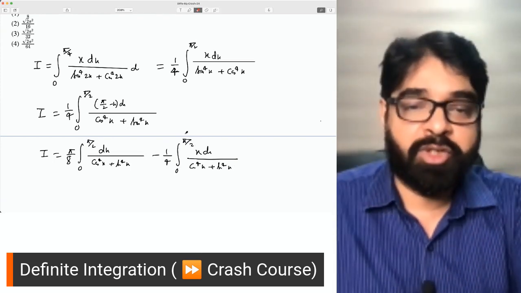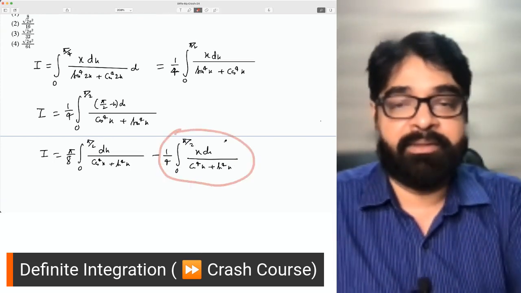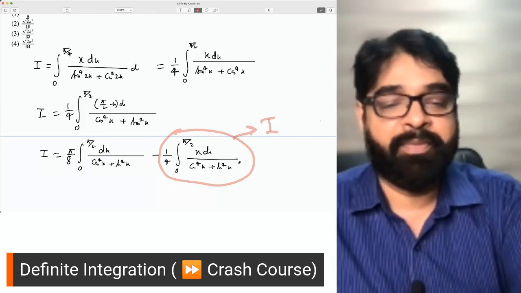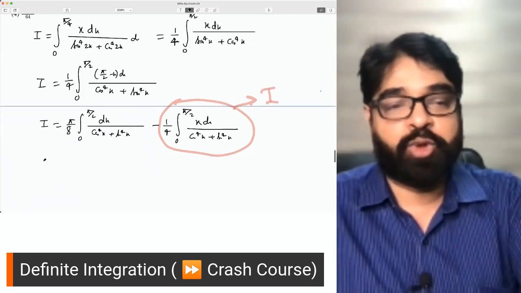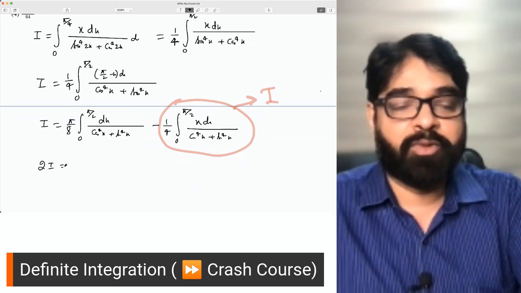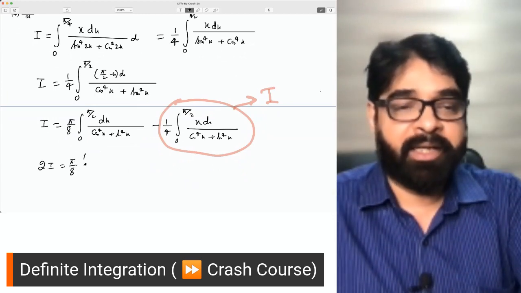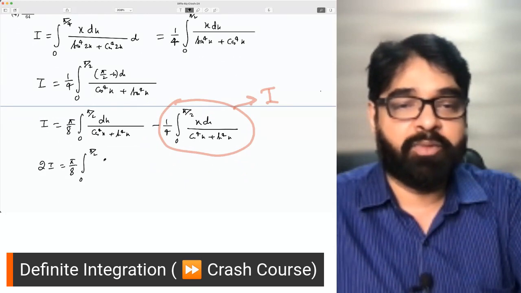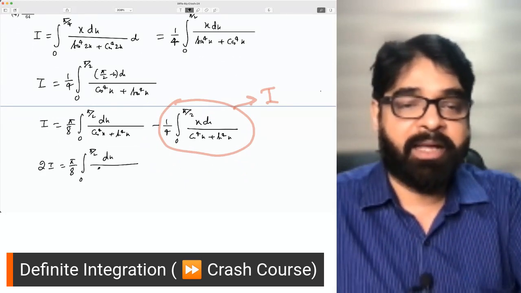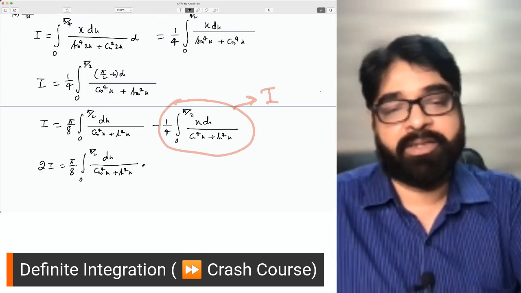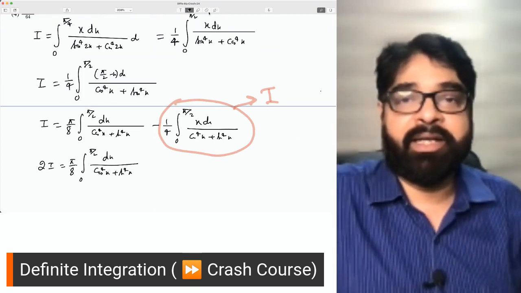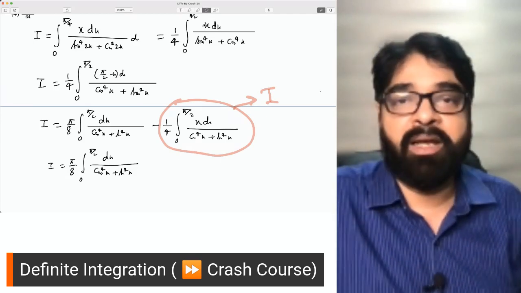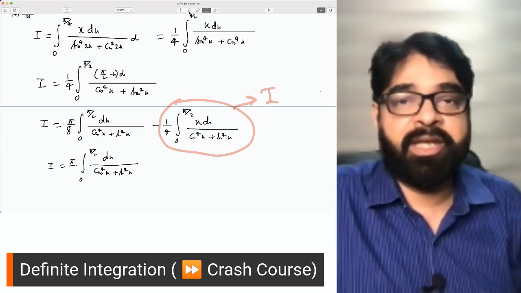Now this total is nothing but I itself, so I can shift it to the other side. I will get 2I equal to pi by 8 into the integral 0 to pi by 2 of dx divided by cos power 4x plus sine power 4x. That's all. Dividing by 2, we get pi by 16 to make things look simple.